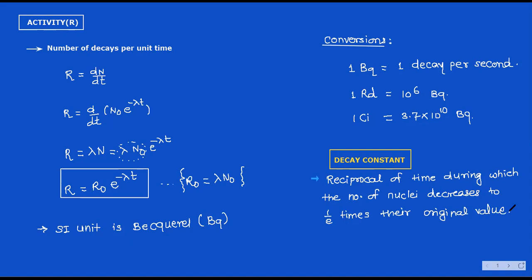Okay, what is that? Reciprocal of time during which the number of nuclei decreases to 1 by e times their original value.